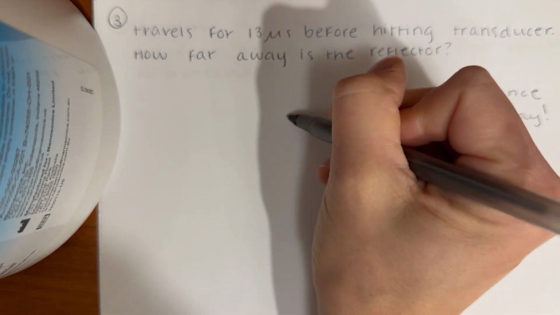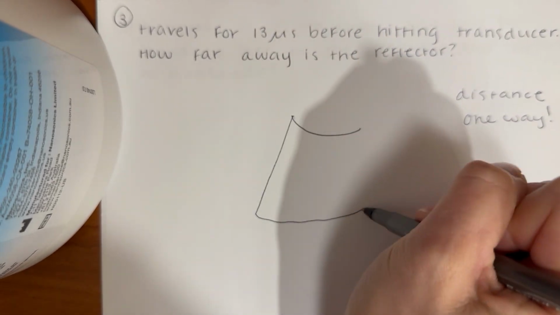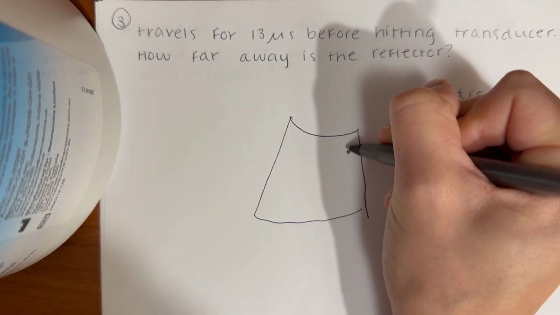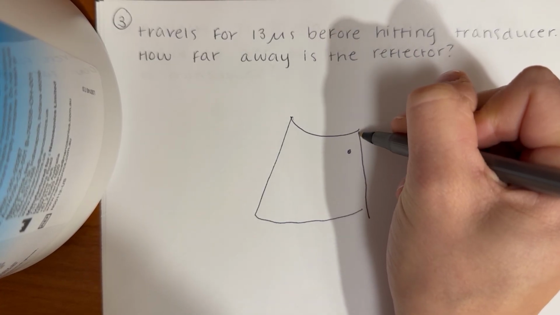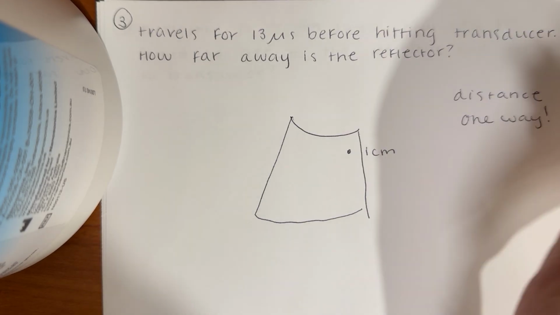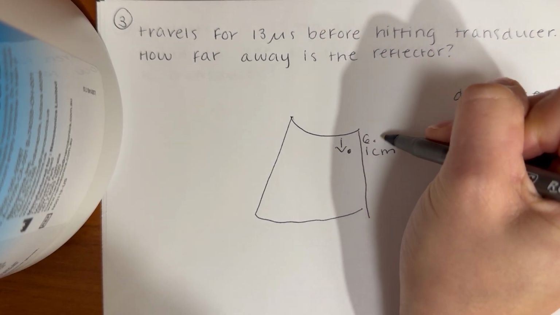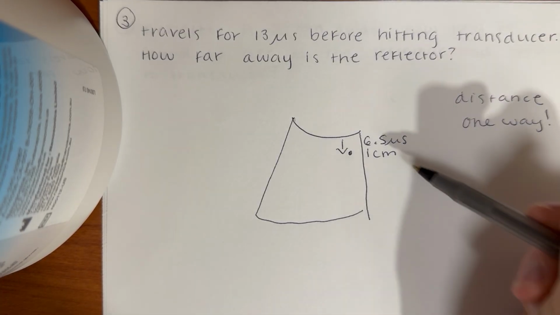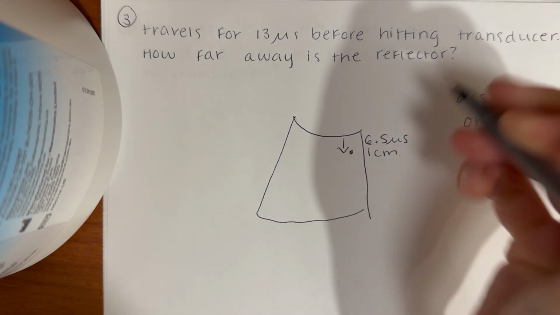So we have to do something a little different with one way. So if it takes 13 microseconds to get to and from a 1 centimeter structure, it only takes 6.5 to get to it. So we're only going to it. So 6.5 to get 1 centimeter.